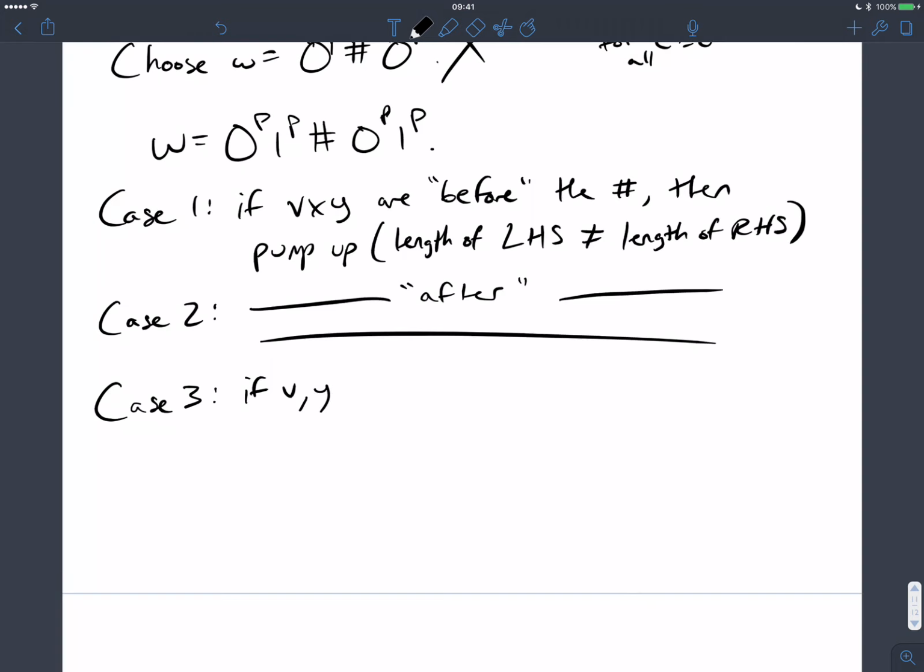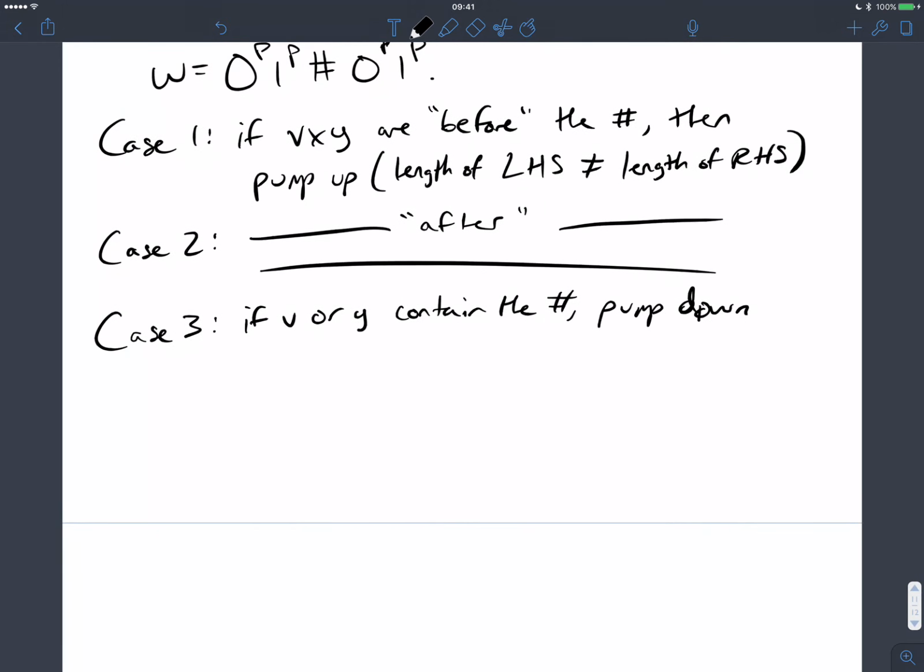So v or y contain the pound sign. Let's do pump down for this one, because we can change which direction we pump based on the case. Pump down, there will be 0 pound signs. And that's enough justification.